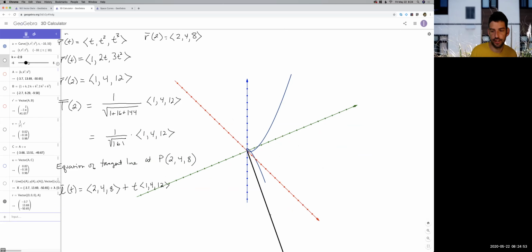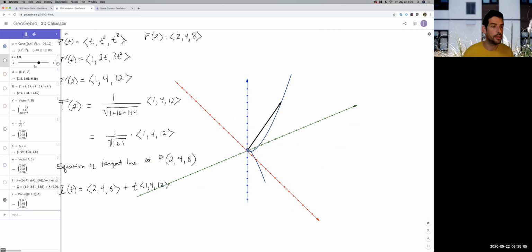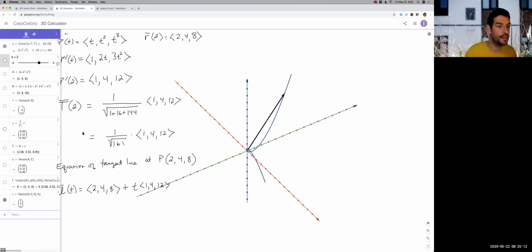As I scale k, that's the parameter I used, I'm pointing at points on that curve. At k equals 2, that's our point right there.